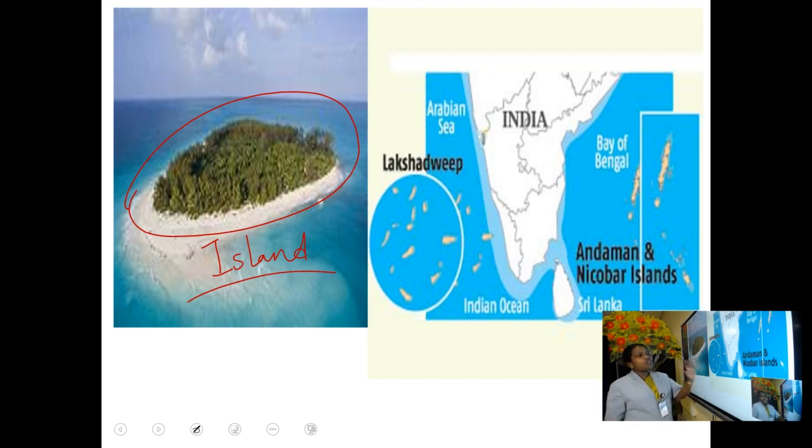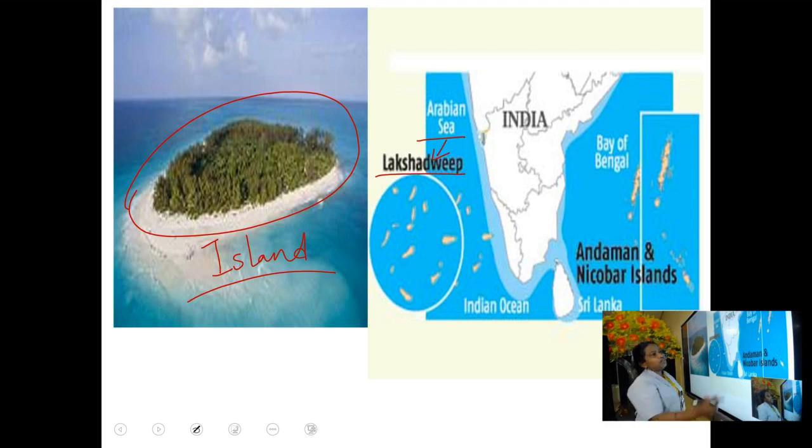In India, we have 2 groups of islands. One is in the Arabian Sea, that is Lakshadweep. The group of islands located in the Arabian Sea is called Lakshadweep.